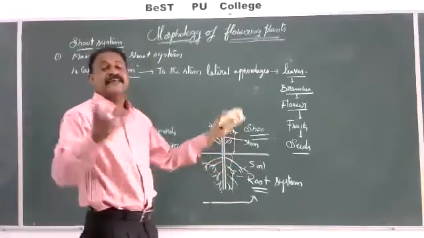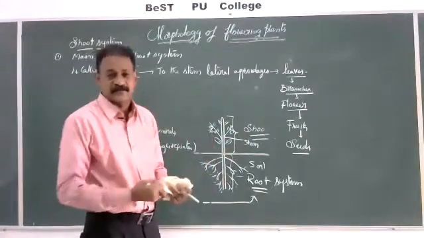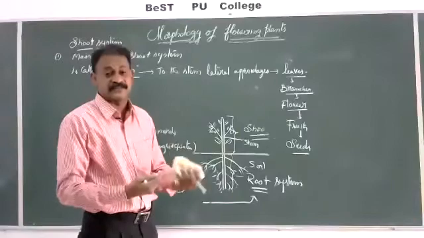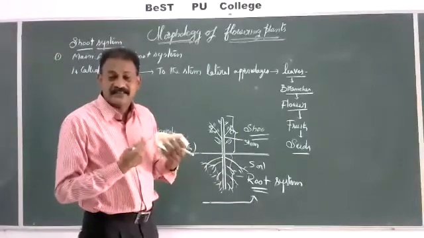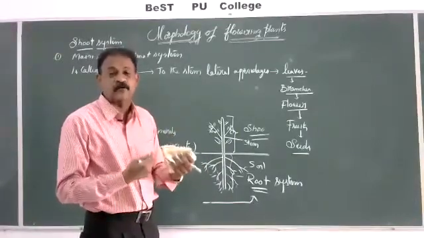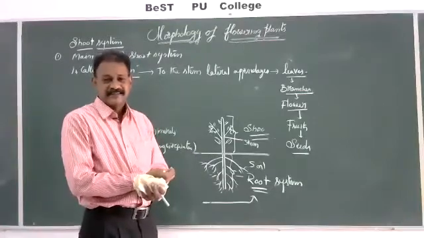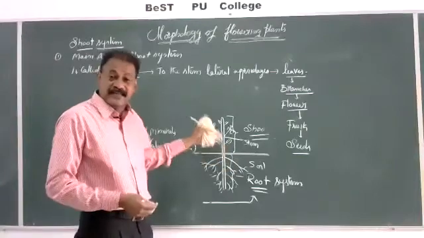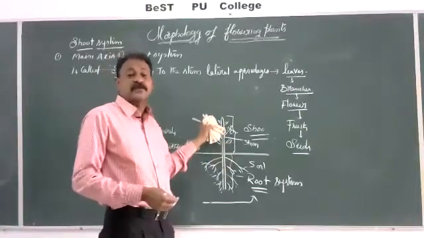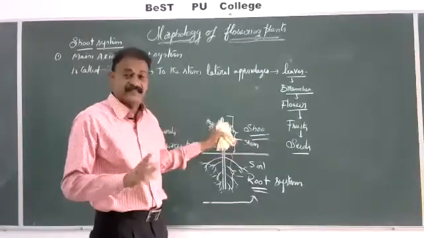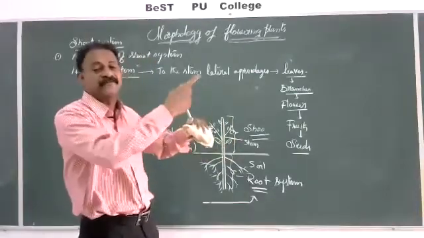It consists of various appendages called leaves. What are these leaves? Leaves are the photosynthetic structures. They are the main structures, chief organs for photosynthesis, which will prepare food material. And in turn, they may get branches. On the branches also leaves may be present. So leaves are present both on the stem and branches, depending upon different plants, different positions.